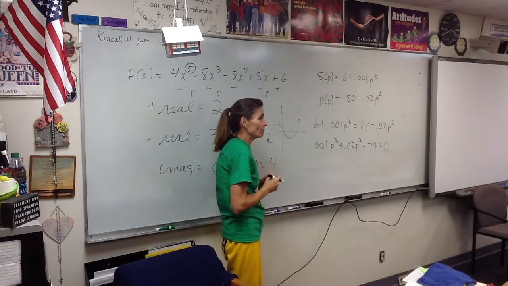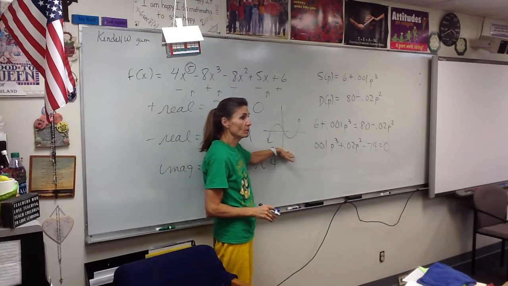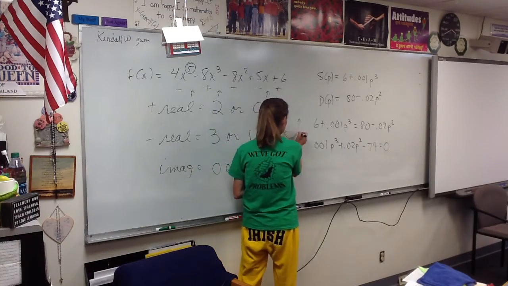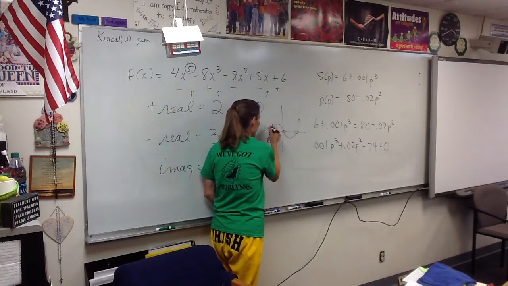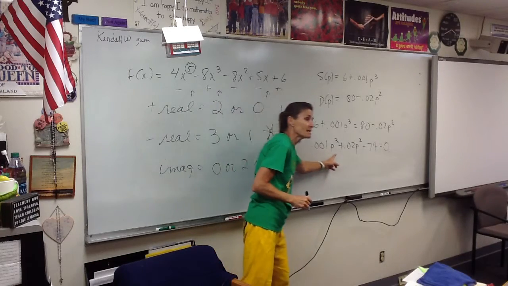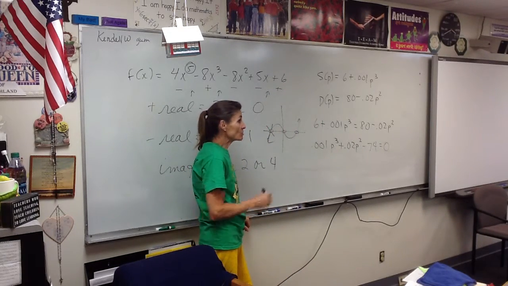What would I be looking for? If I had my equation set equal to 0, what on this graph would I be looking for? The zeros, where it crosses the x-axis, right? Of course, this one wouldn't make any sense because it is negative, and P, price, is not going to be negative. Okay, so that's one option.